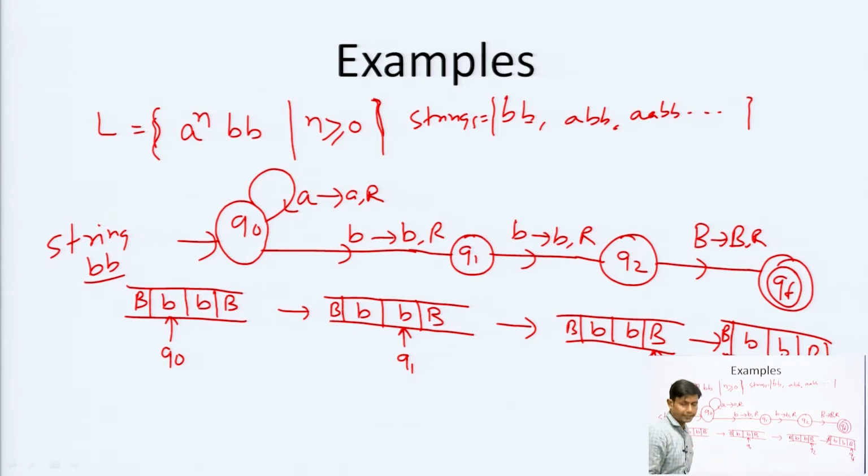So, here we have taken a language, designed the Turing machine, then taken a string and seen how the head moves: first Q0 on B, then Q1 on B, then Q2 on blank, and then we go to the final state. This is one example of a regular language accepted by a Turing machine.